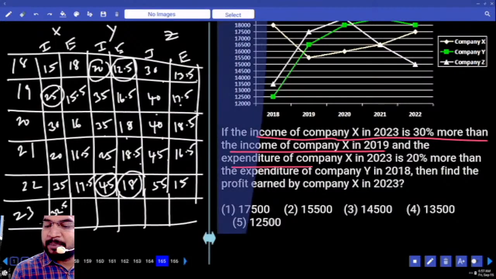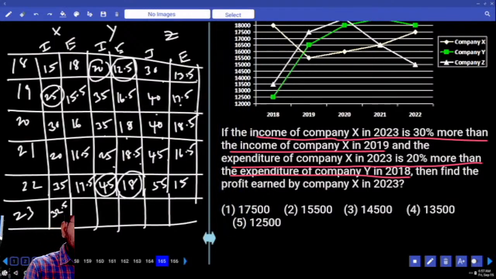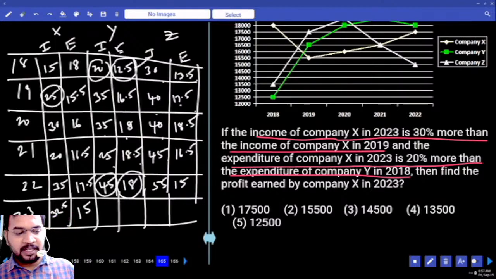And the expenditure of company X in 2023 is 20% more than the expenditure of company Y in 2018. Expenditure of company Y in 2018 is 12.5. 20% more is 2.5 more, which is 15. Therefore, the expenditure of company X in 2023 is 15.